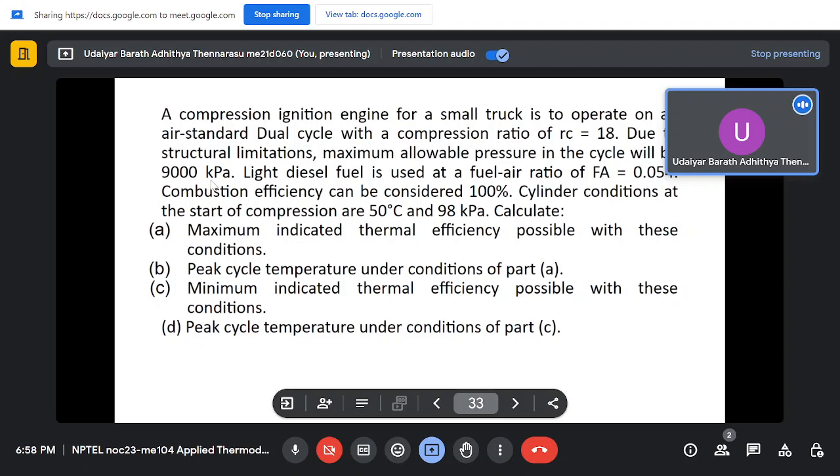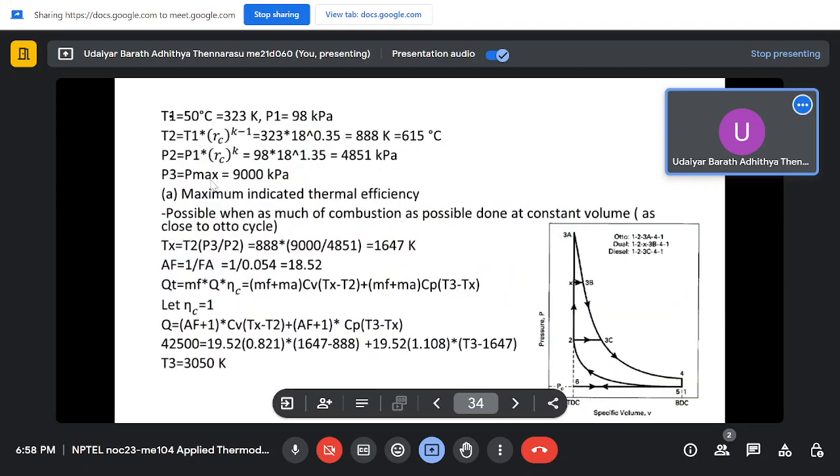In this case the maximum allowable pressure is limited. Maximum indicated thermal efficiency is possible when most of the heat is added at state 2 in a constant volume process.